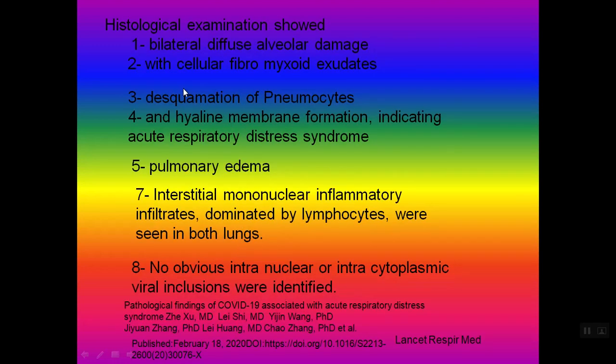The histology appears in the form of bilateral diffuse alveolar damage, cellular fibromyxoid exudate, desquamation of pneumocytes, hyaline membrane formation, pulmonary edema, and interstitial mononuclear infiltrates, mainly lymphocytes, but there were no obvious intranuclear or intracytoplasmic viral inclusions.